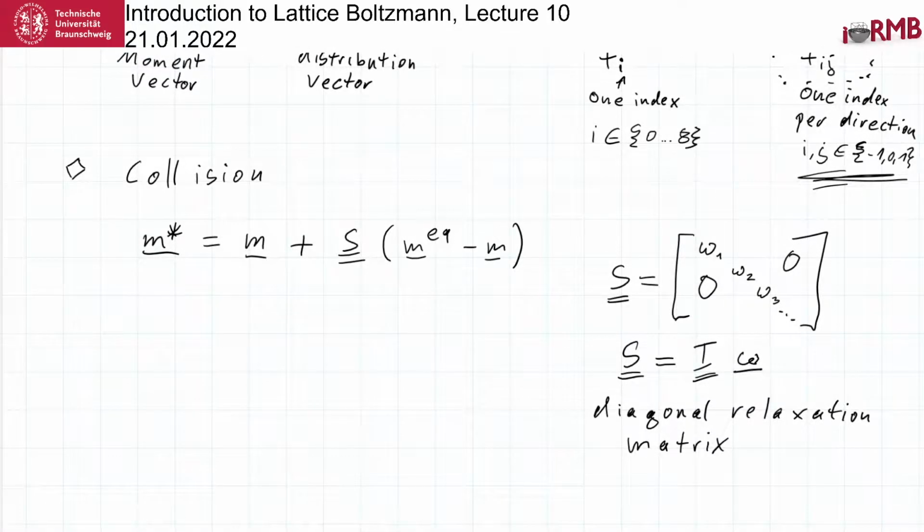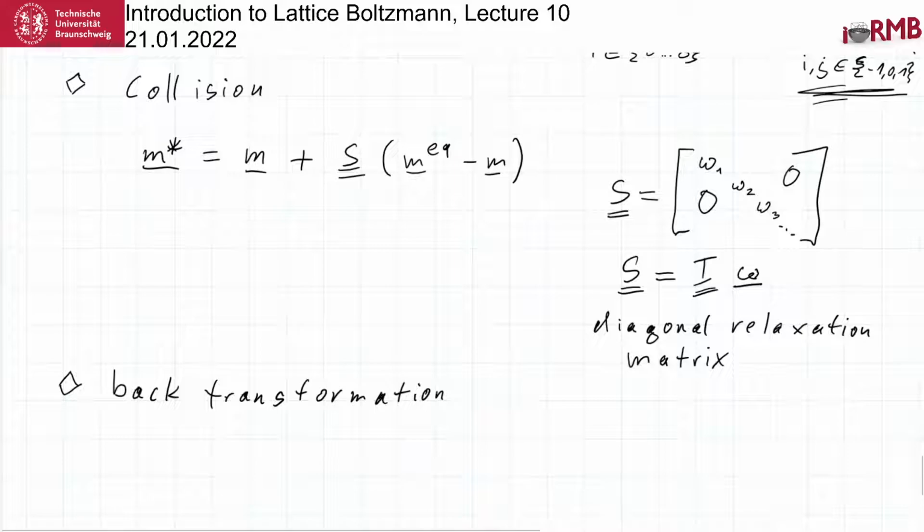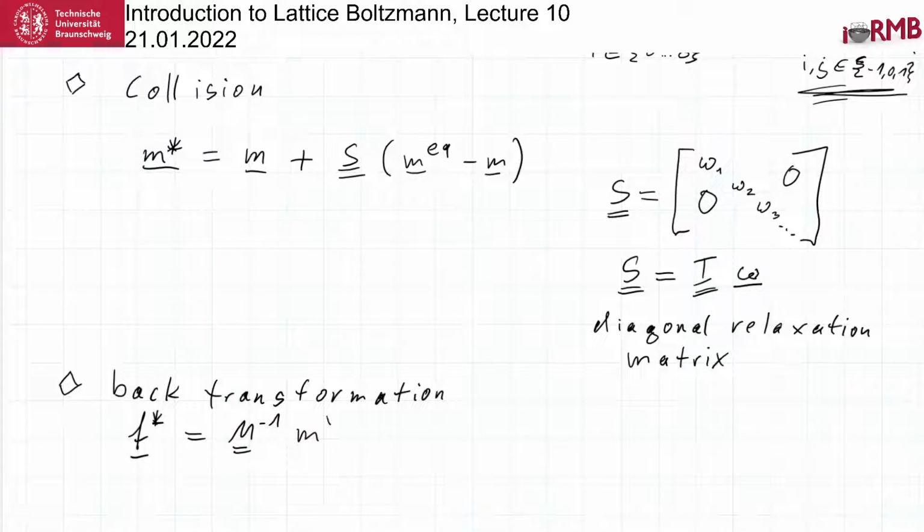Okay, now you do your collision in terms of moments, and then you have the back transformation where again you need F asterisk, and this is equal to M. Now we use the inverse of the matrix to get from the moments again the distribution.